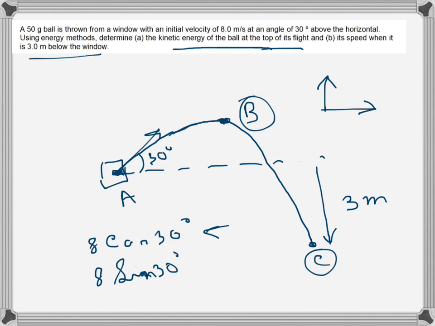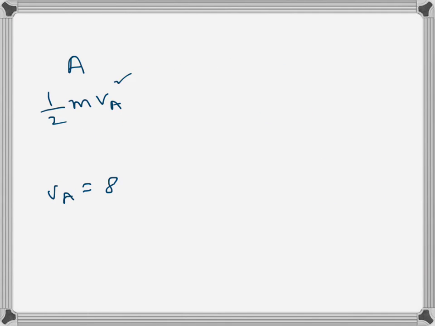It also has a potential energy with respect to position C, because position C is 3 meters below. It doesn't have to be the bottom point; we just have to find what the ball's potential energy at position A is with respect to point C, and that will be mgh.